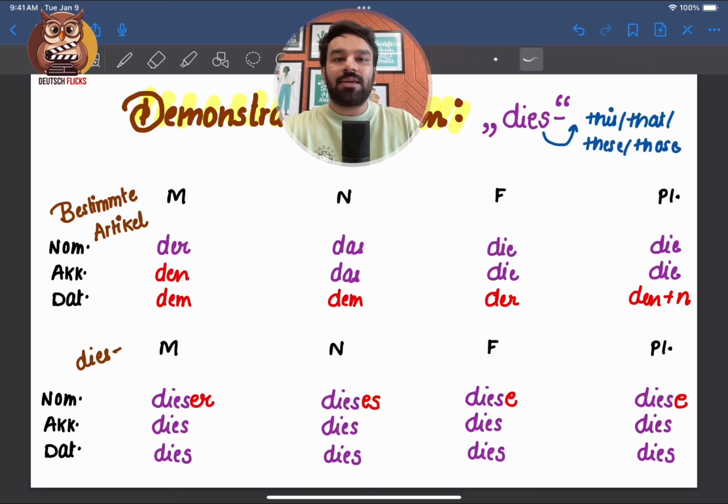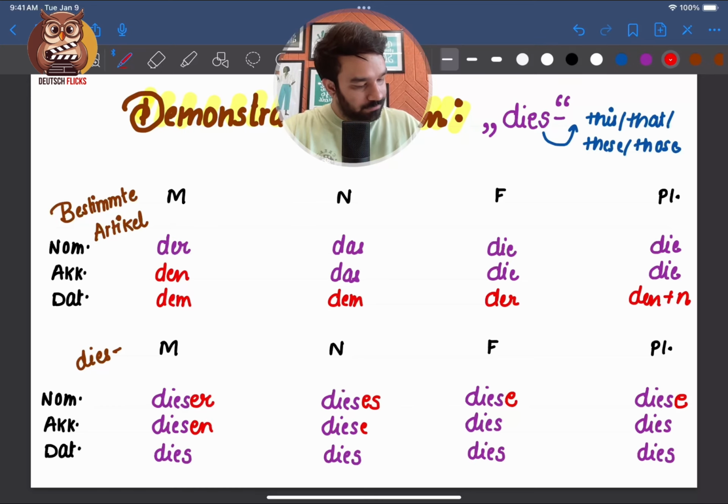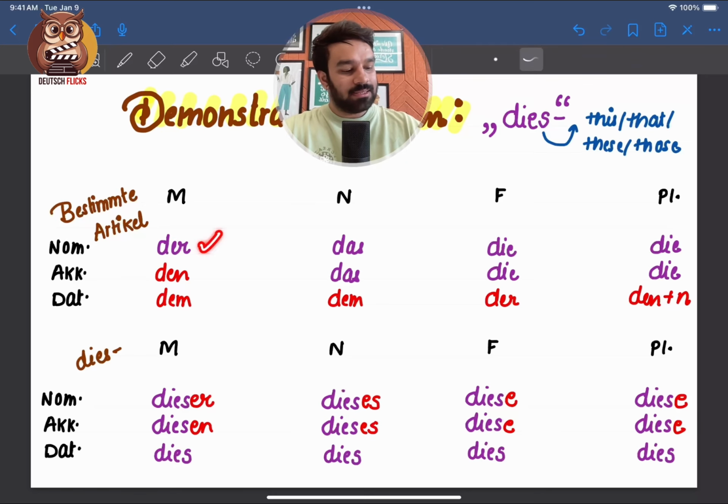Now in the accusative, der changes to den. Dieser will be changed to diesen. The rest will be the same. Dieses, diese, diese. In the dative case, der and das both change to dem. So we can take em as an ending, right?